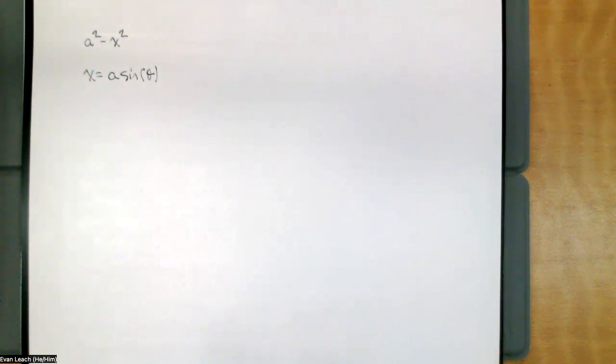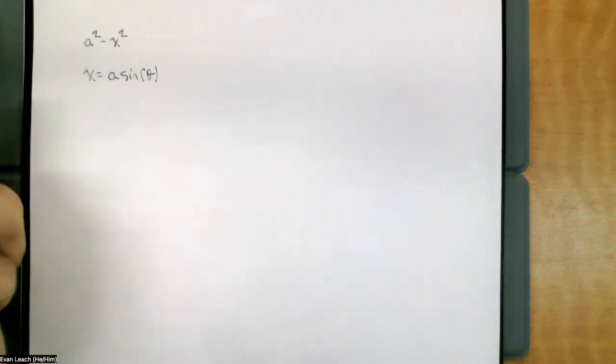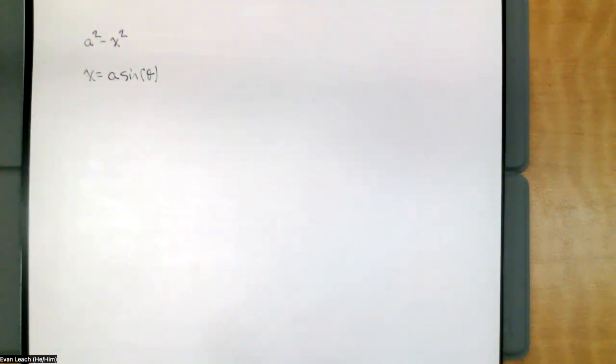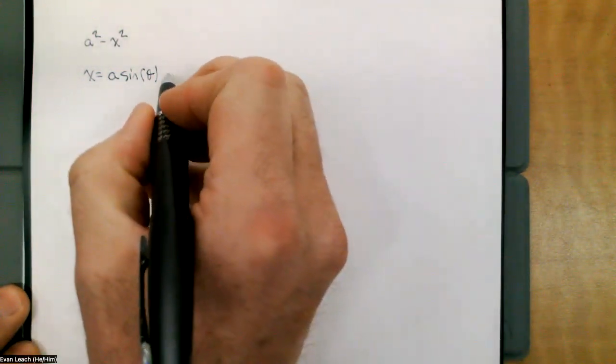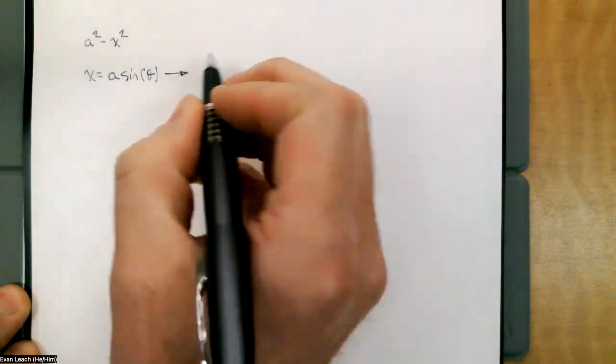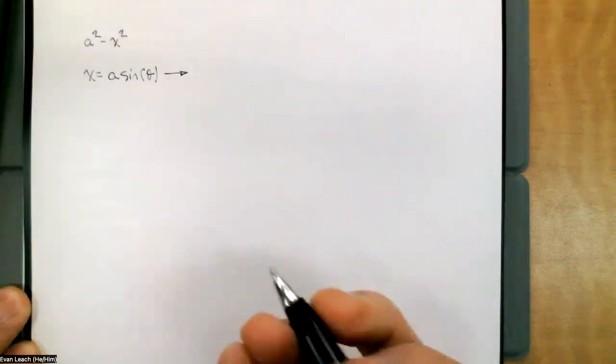So to go back to the x, to trade our theta in for an x, it all starts from our initial substitution. If we had something like a squared minus x squared, then we made the substitution x equals a times the sine of theta. The first stop on the unsubstitute train is to solve for sine.